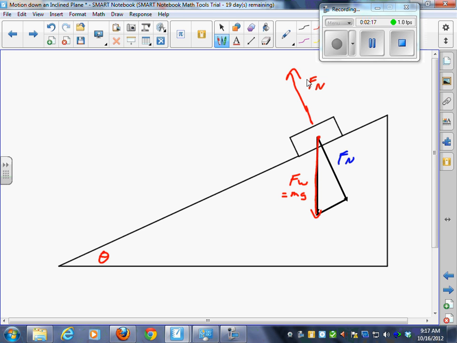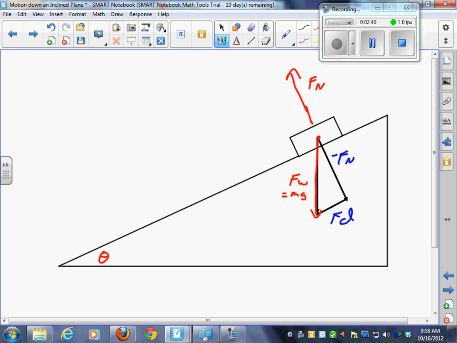It's really, I guess, the negative Fn. Now that leaves this component of the weight force down here, which I like to call Fd, and it's Fd, which is the net force, which sends it down the ramp.